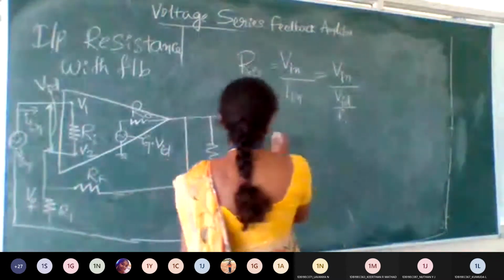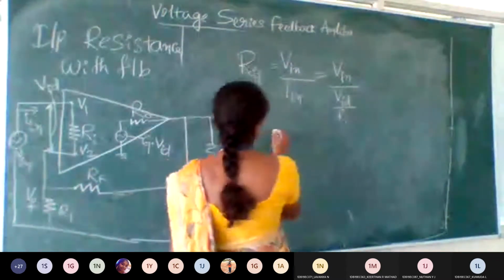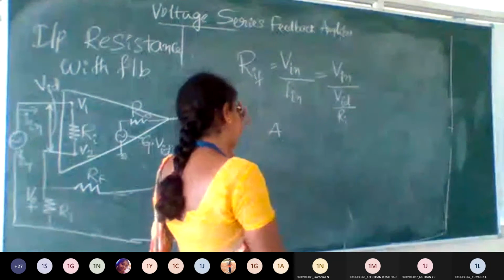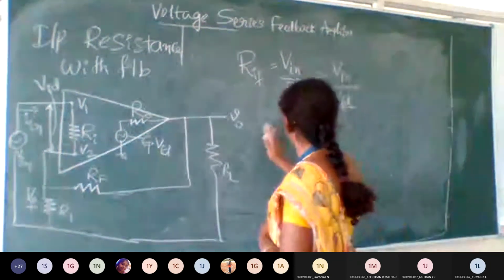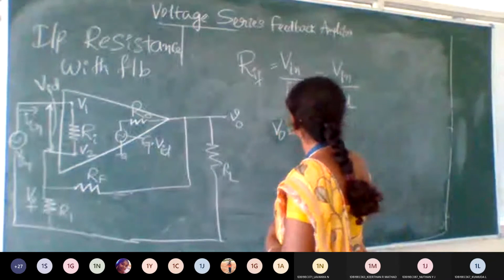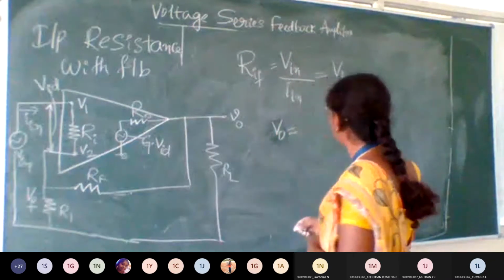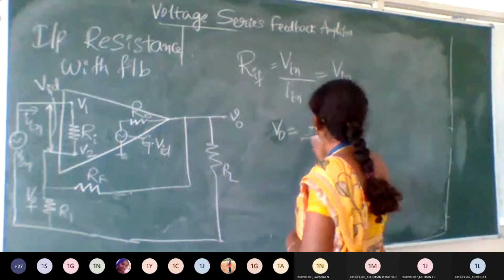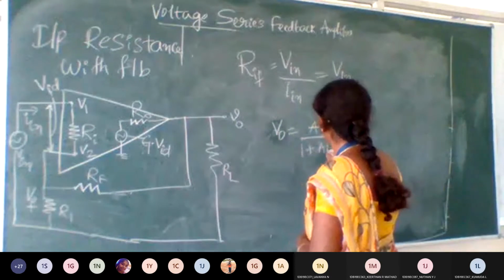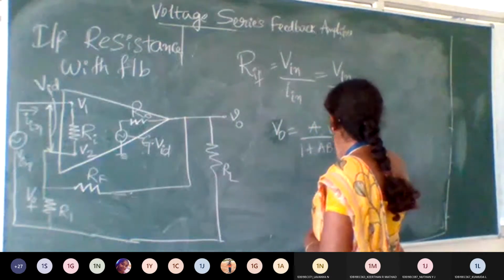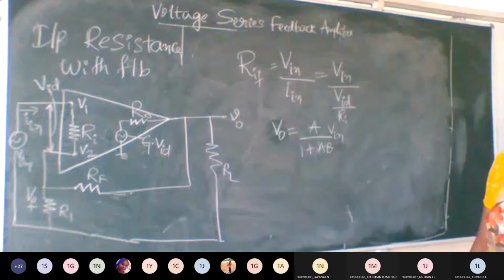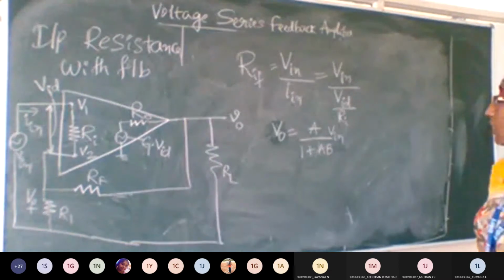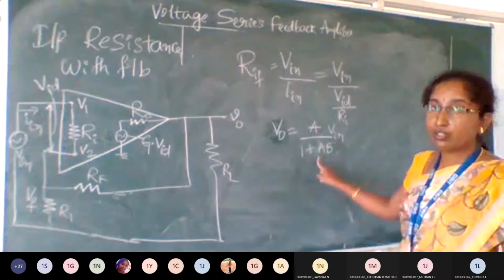Next, what is feedback gain? Here you have to do some manipulation. V naught is A by 1 plus AB into V in. Any doubt in this expression?